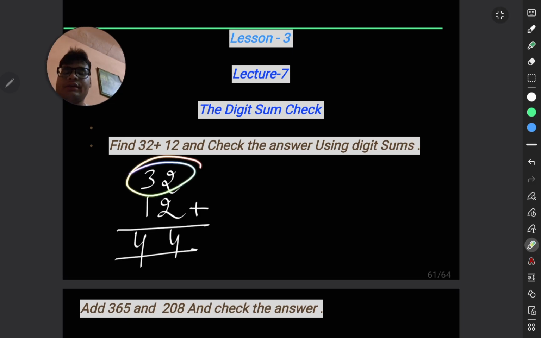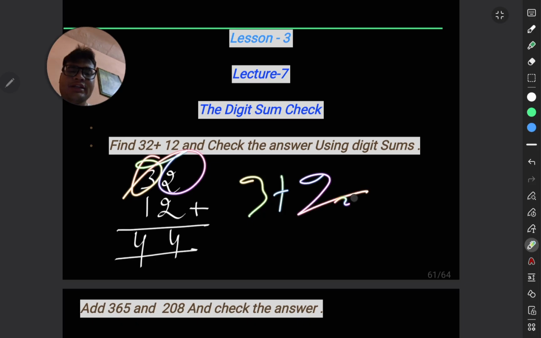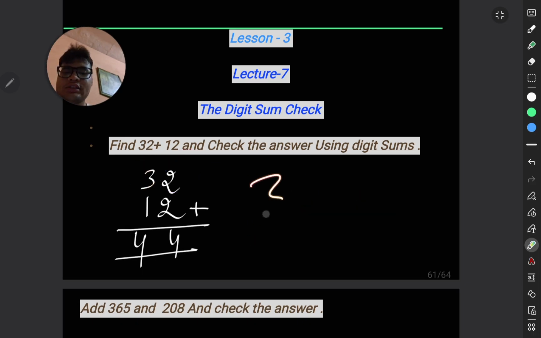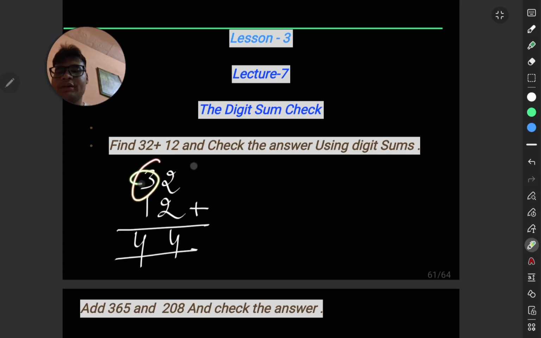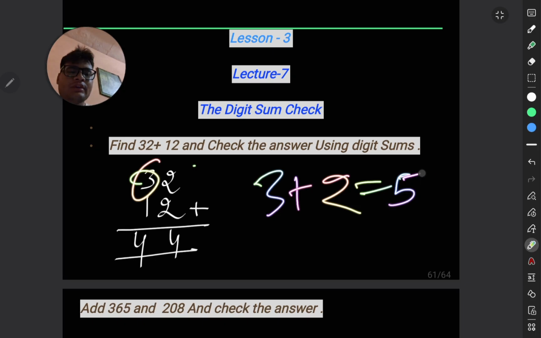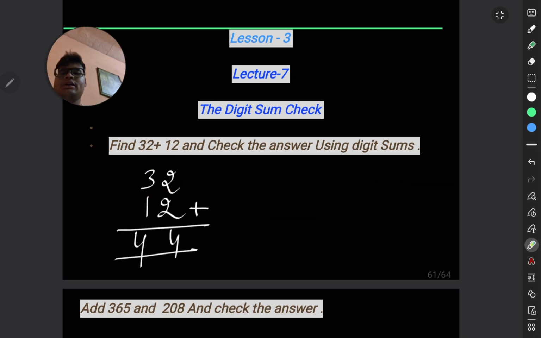In 32 there are two digits, 3 and 2, and we add these two figures. 3 plus 2 will be 5. So the digit sum of the first number is 5.